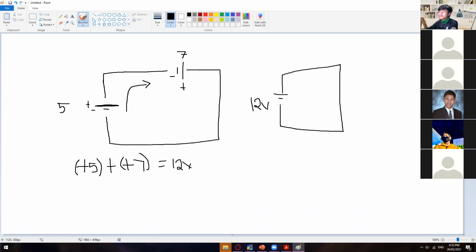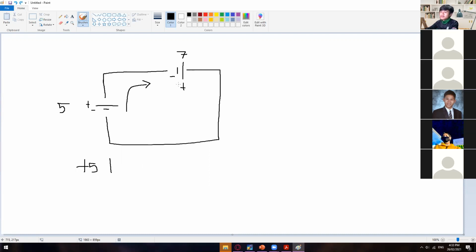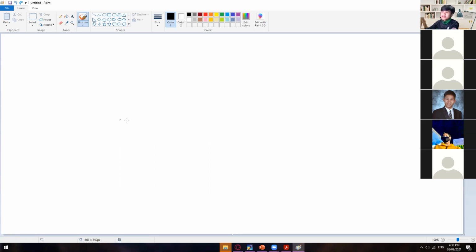Just like that. But if you have two different polarities of voltage source, for example, let's say we have positive here and negative, and then positive here and then negative. Let's say this one is still 5 volts and this one is 7 volts.